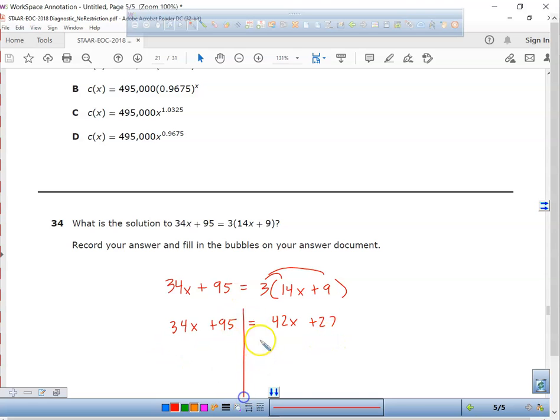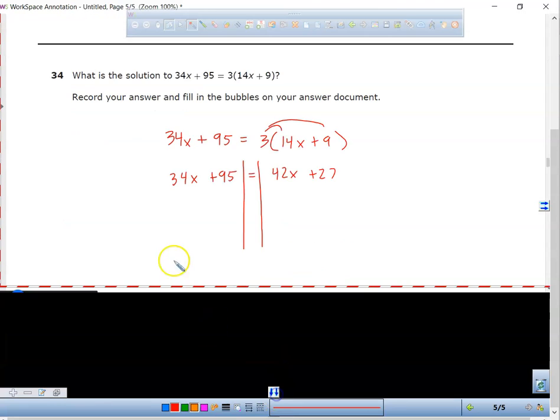What are we going to isolate? We're going to isolate the variable. So you see how we have 34x here and 42x there? We're just going to take away 34x on this side, minus 34x. It looks like we get 8x. Take away a 27 on both sides. You can use a calculator if you want.